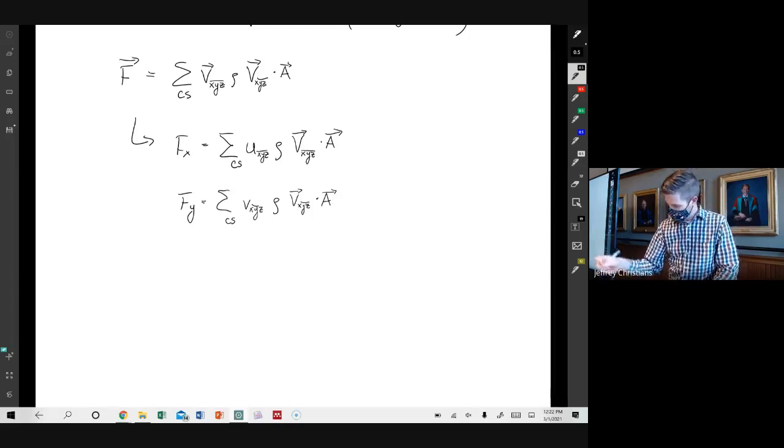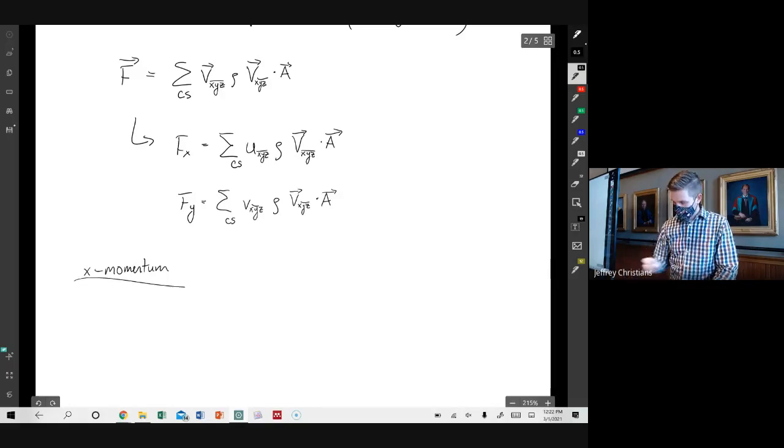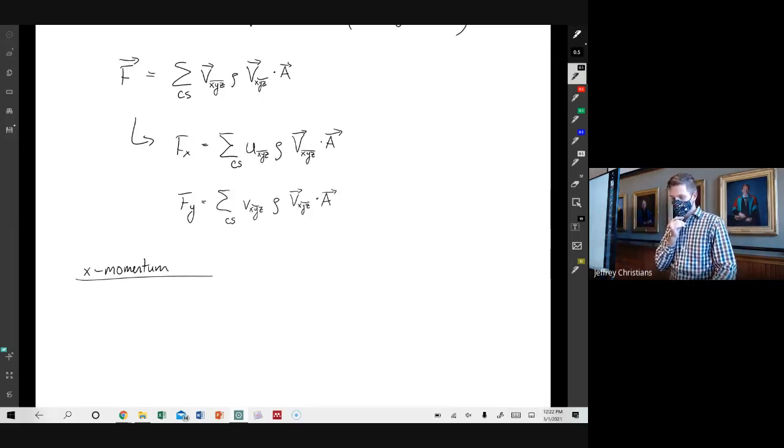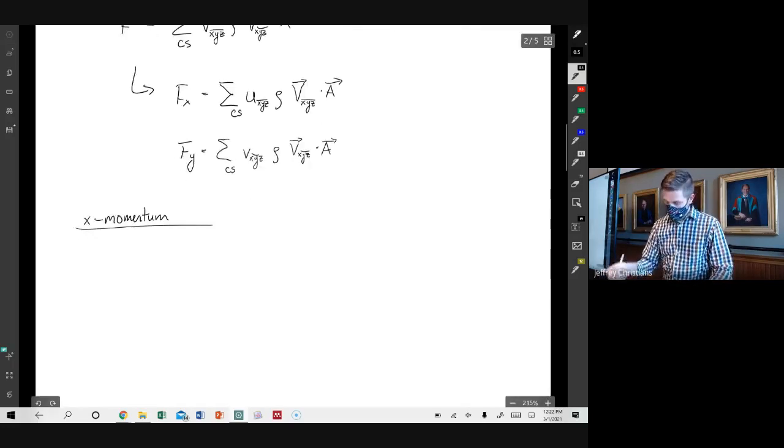Let's look first at the X component. So we'll look at the component of the force that's pushing the cart in the X direction. So we would have plus Rx plus F Bx, right?